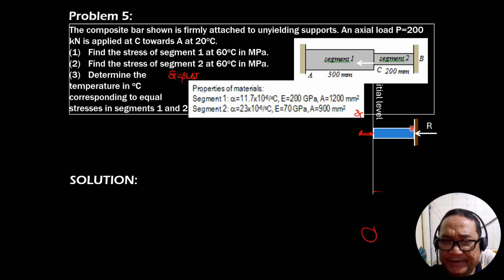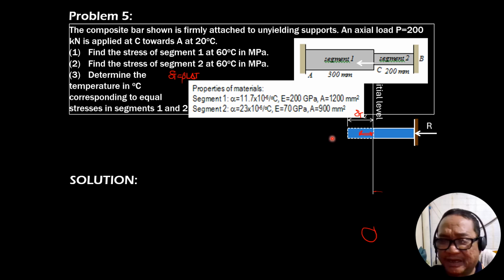Then we will call the reaction here R. Since this is the initial level, we allow it to expand as shown. And this is the final end due to contraction and due to P. We will call that delta T sub 2 due to temperature.